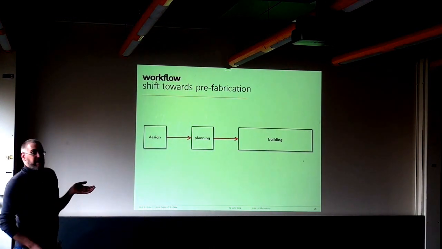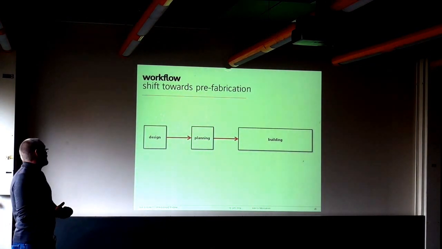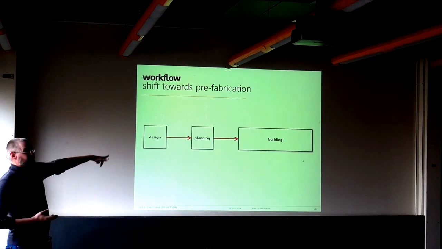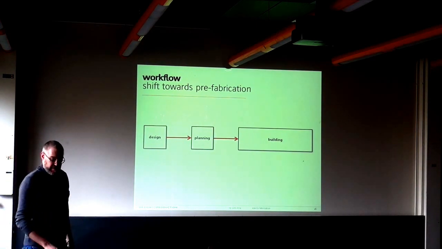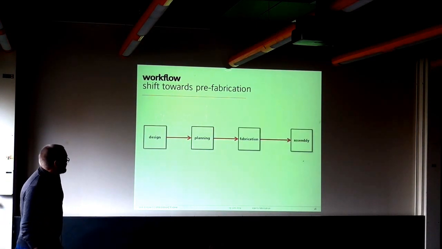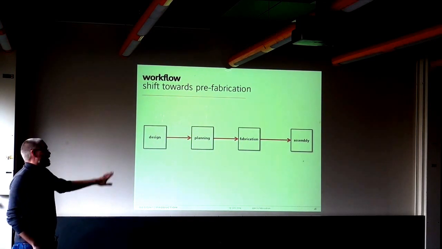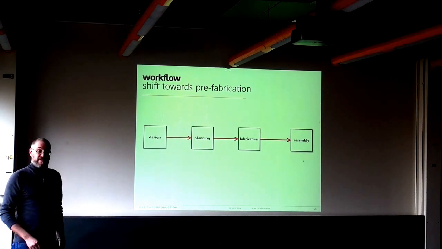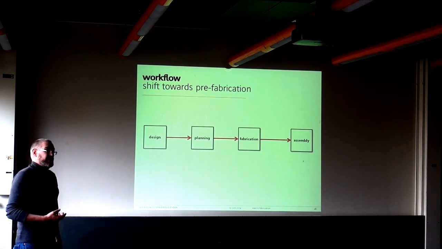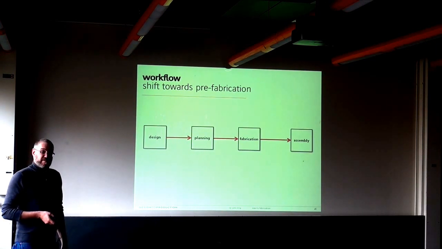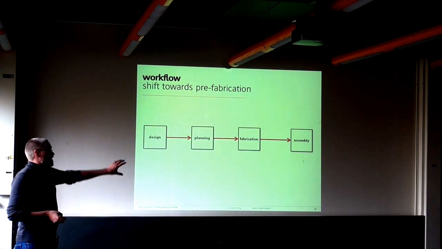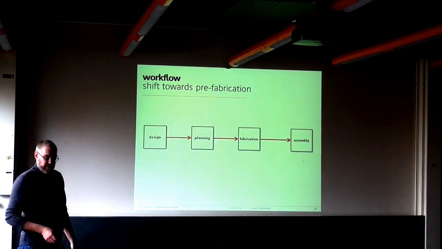So the workflow that we're using basically is the usual design, planning, building thing. Only that we split the last part into fabrication and assembly. So there's not so much building, there's more assembly on site, which means there's a fabrication part off-site.